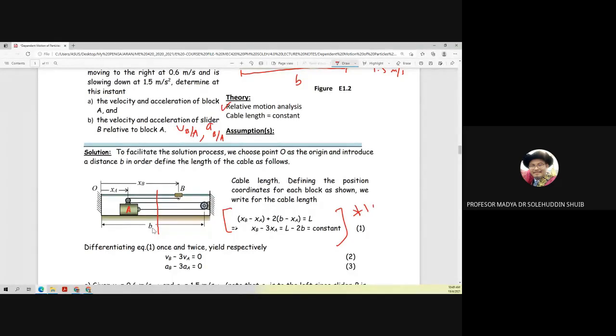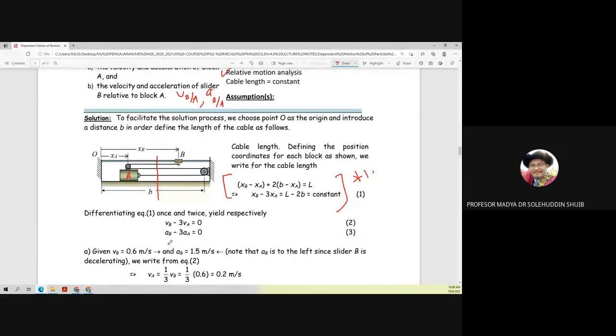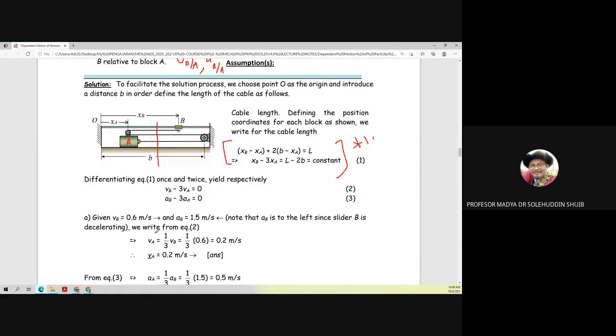The rest will follow what we did earlier: you differentiate to get velocity, and then acceleration.